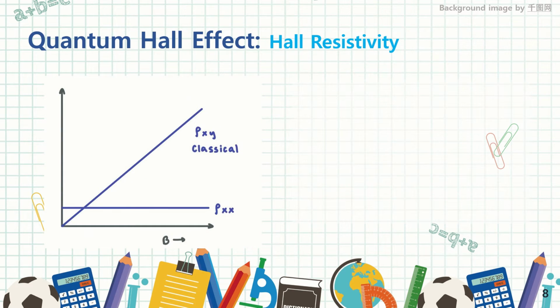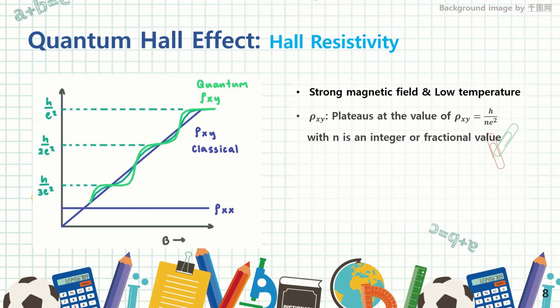When we subject this system to a strong magnetic field and very low temperatures, the transverse resistivity and the longitudinal resistivity begin to deviate from the classical result. The transverse resistivity now forms a plateau where the resistivity stays constant over a range of magnetic field at the value of h over n e squared, where n is an integer or a fractional value.